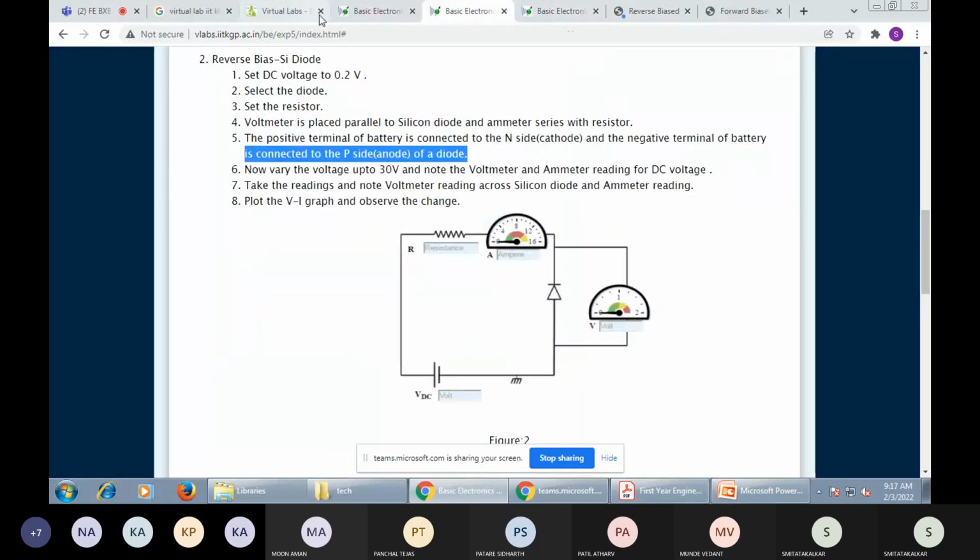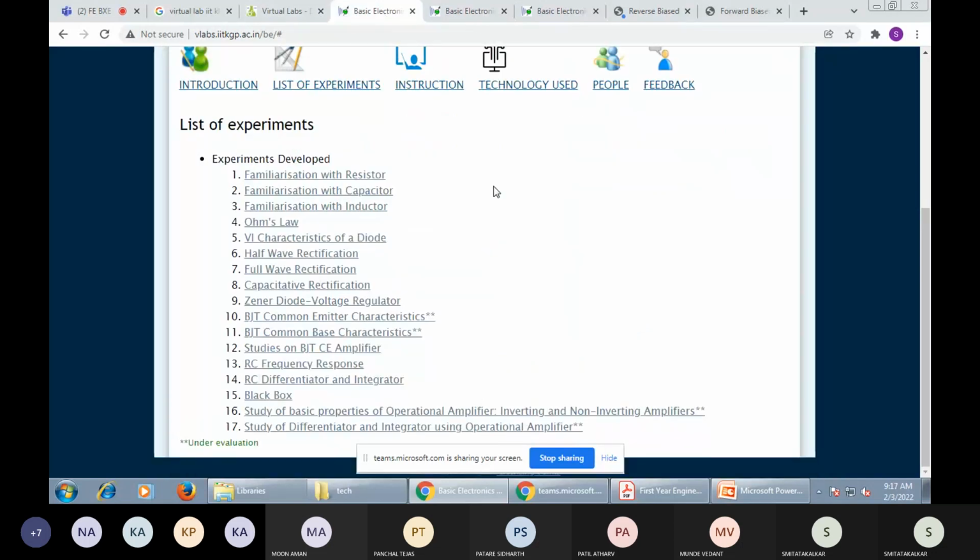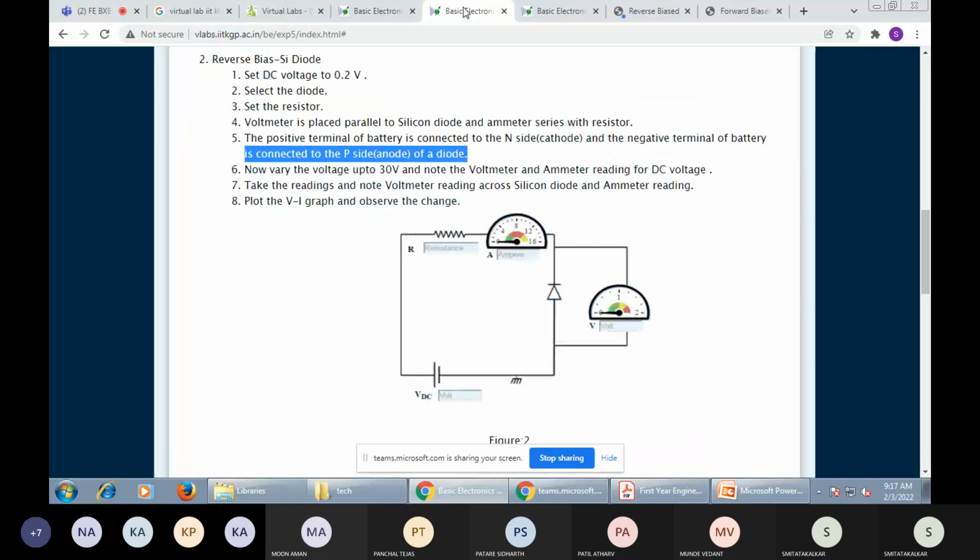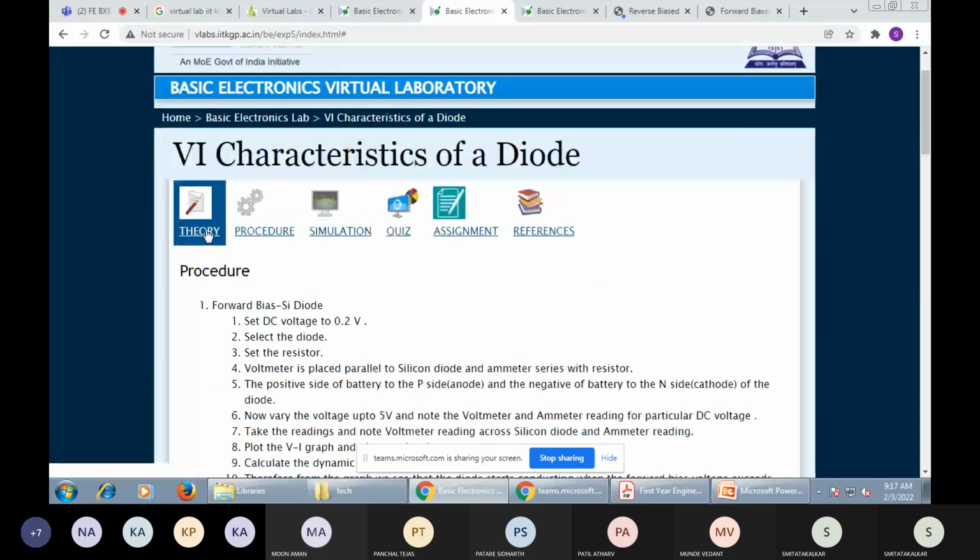Then in this subject, basic electronics engineering, you can save as PDF files the theory, procedure, simulation, quiz, assignment, and the references. All the data you can save as a PDF file.